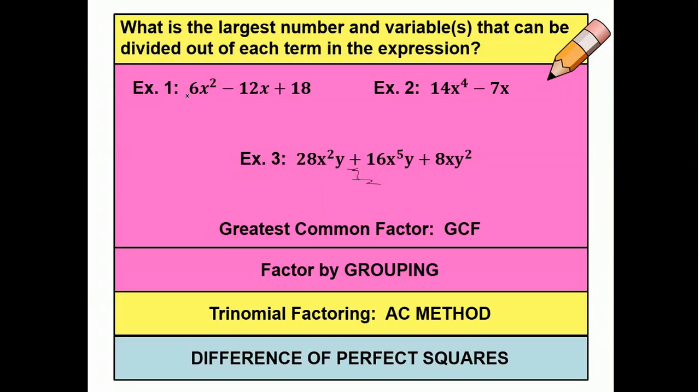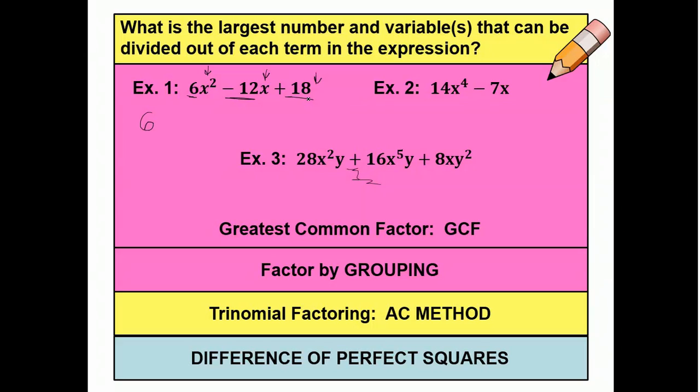So let's first look at these numbers. I have 6, negative 12, and 18. What number can I divide out of each of them? Well, I can divide a 6 out of each of them, right? Now, this one has 2 x's, this one has 1 x, and this one has no x's.